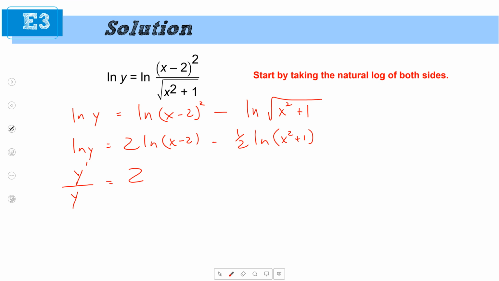2 times the natural log of x minus 2. The derivative of that is what? Please, one at a time. Over x minus 2. What's the derivative of the natural log of x squared plus 1?